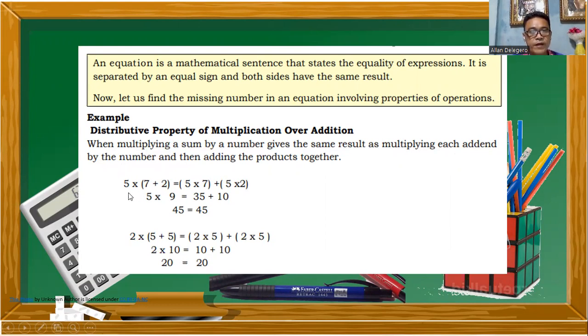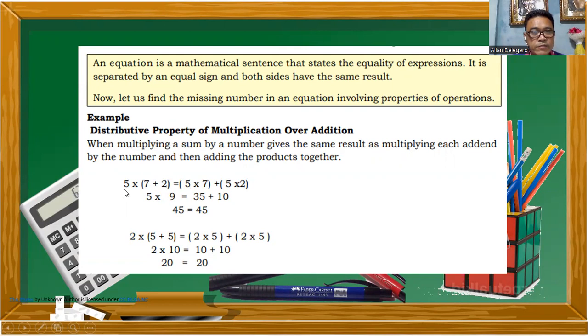So we have here 5 times (7 plus 2) equals (5 times 7) plus (5 times 2). We need to perform first the operation inside the parentheses.